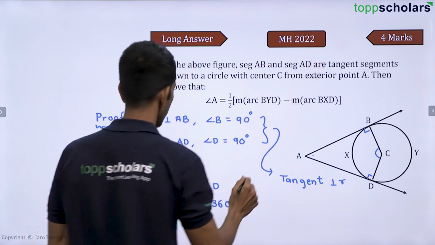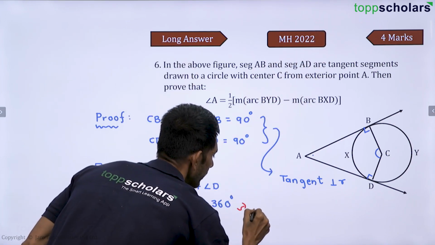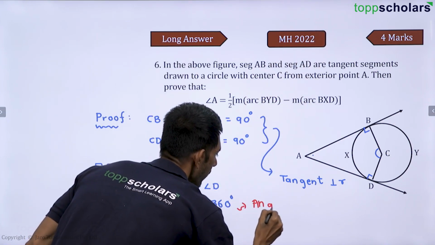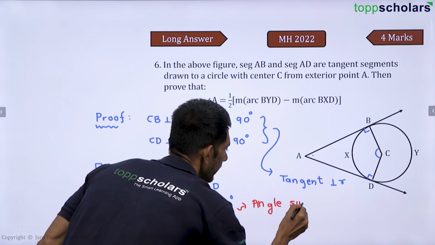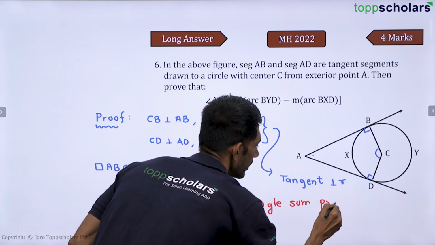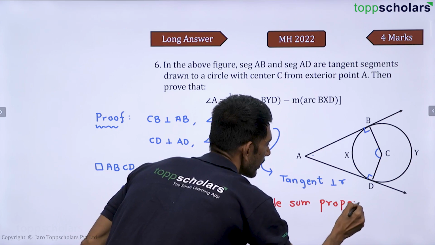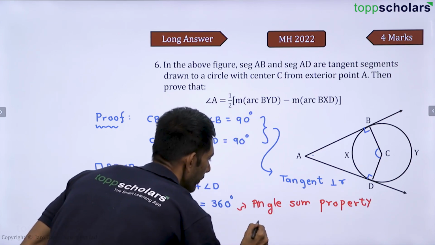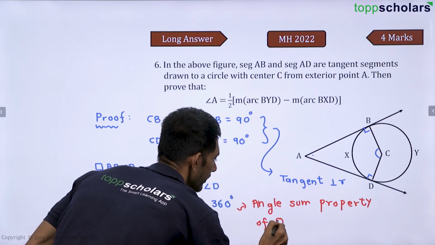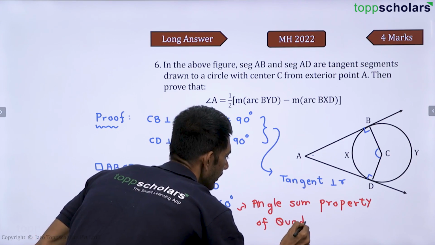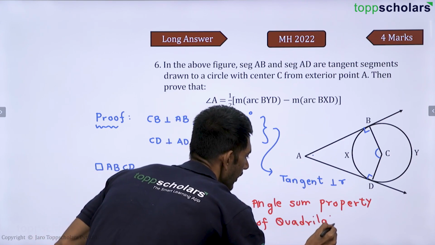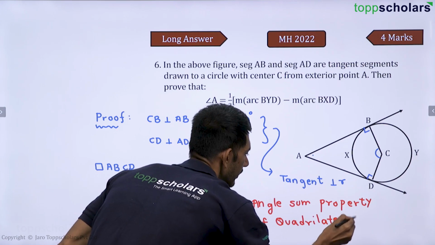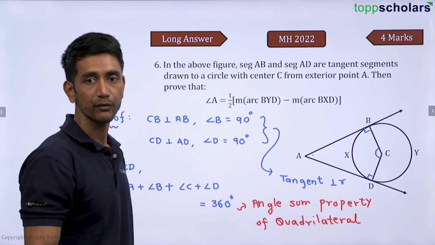What is the reason? The reason is angle sum property. Whose angle sum property? Angle sum property of quadrilateral, right? Okay, so this is the angle sum property of quadrilateral.